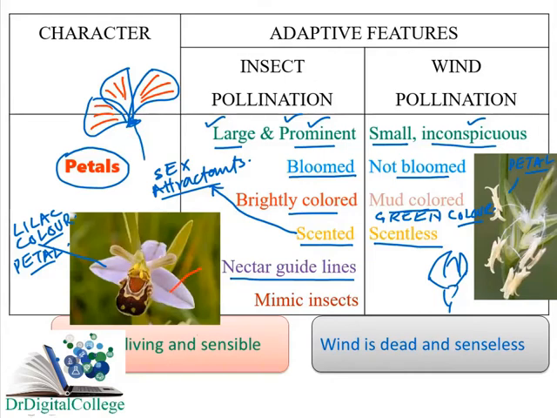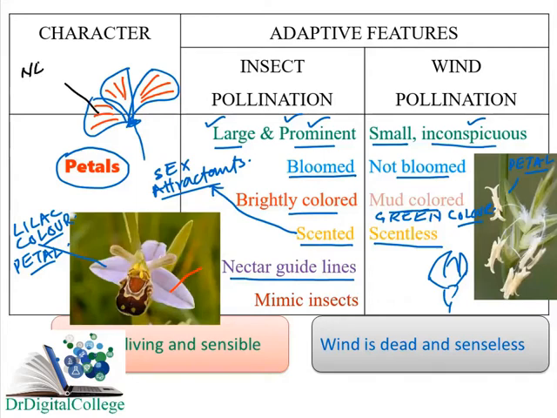So there are guidelines present on the petals. They will guide the insect to move towards the nectaries, because at the base of the flower there are nectaries, and when insects go towards the base of the flower, they will encounter the male and the female parts of the flower. So that's why there are nectar guidelines.